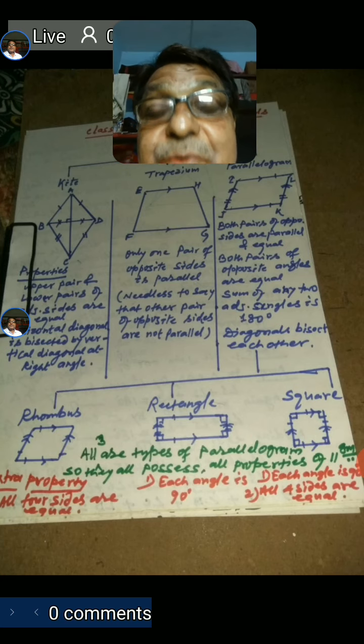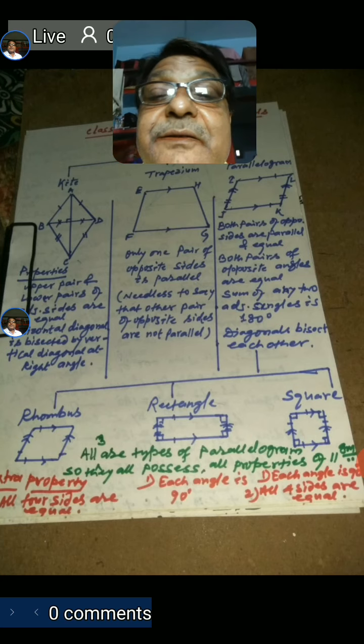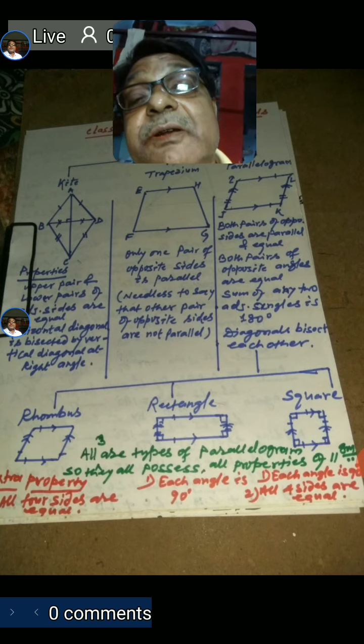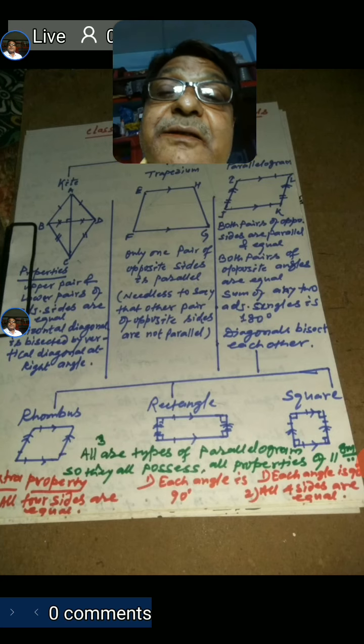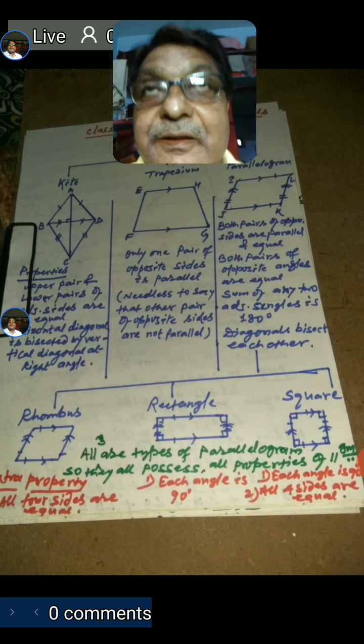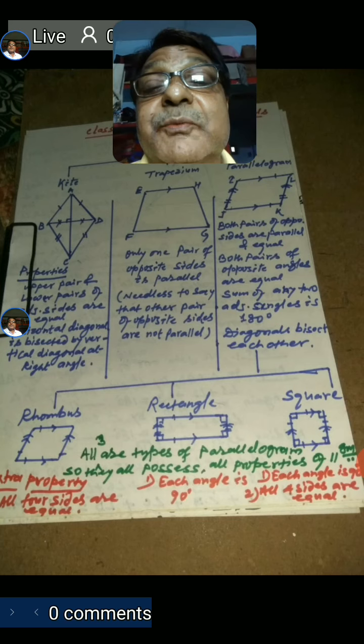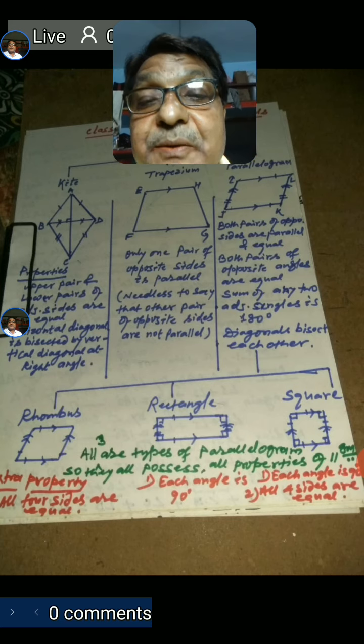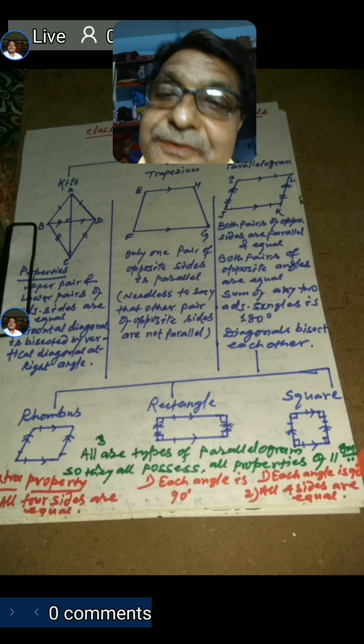And due to these two extra properties, which two? The two adjacent sides equal and each angle 90 degrees. So it is very special among the parallelograms, and this special quadrilateral of the parallelogram category is known as square.